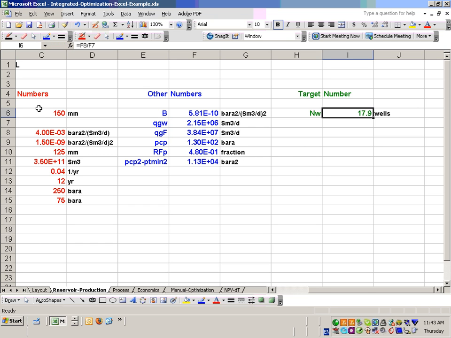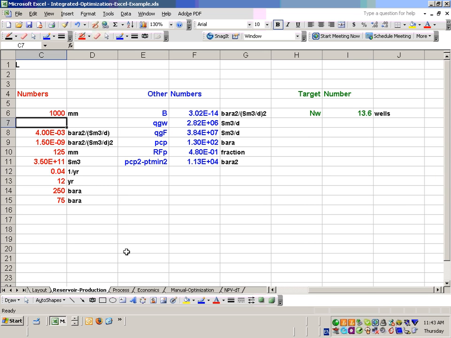If we change the diameter to a straw, we need 1,000 wells. That is the size of a straw, 10 millimeters, right? That is a Coca-Cola. That is a McDonald's field development plan. Okay? And if we put 1 meter, or 1,000 millimeters is 1 meter, we need 14 wells.